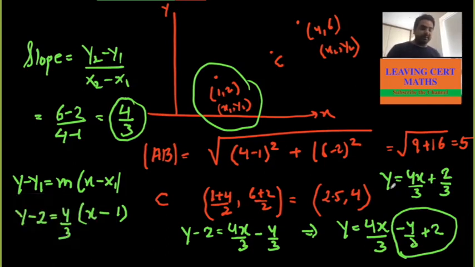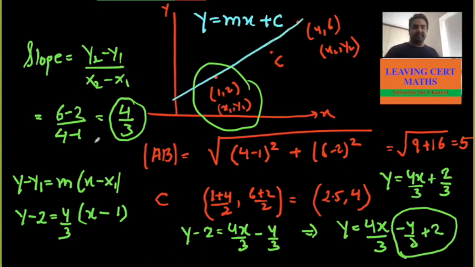We have done this one. Now this is another format, known as y is equal to mx plus c. And what is the quality of this? This says that if you plot a straight line, this is the point of intersection with the y-axis. So the coordinates of this will be 0 comma 2 over 3.